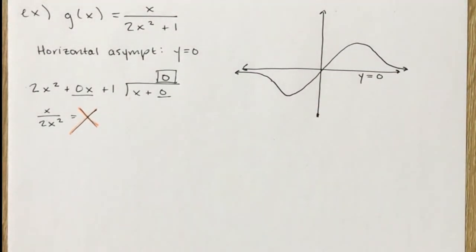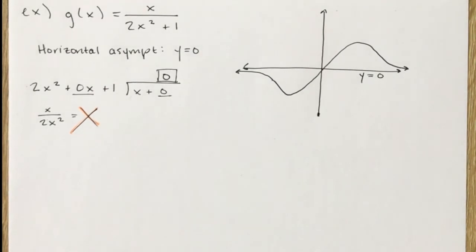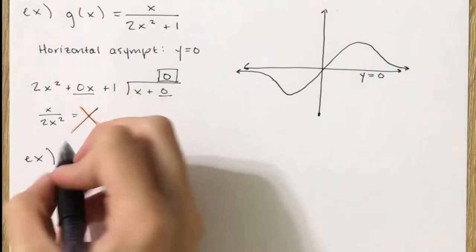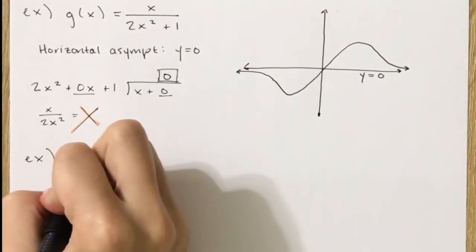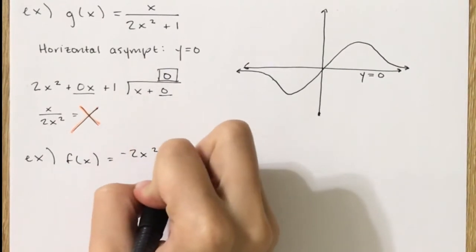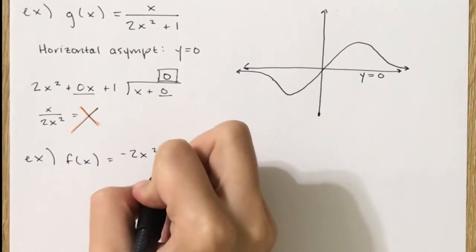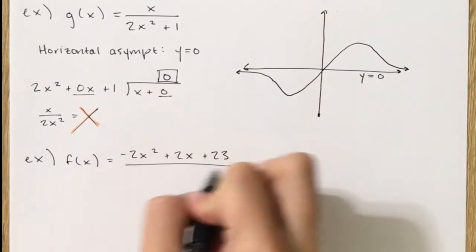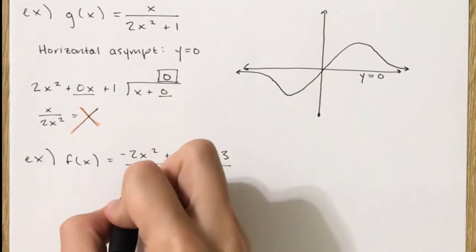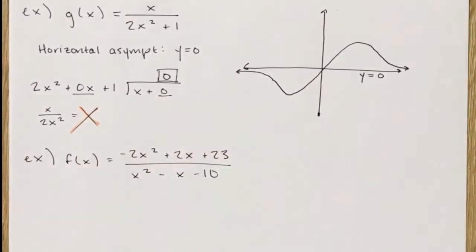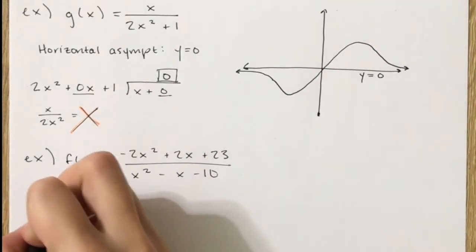Let's try one of these as an example without the graph. So let's say we have f of x equals negative 2x squared plus 2x plus 23 over x squared minus x minus 10. Let's use our fact to figure out the horizontal asymptote here.